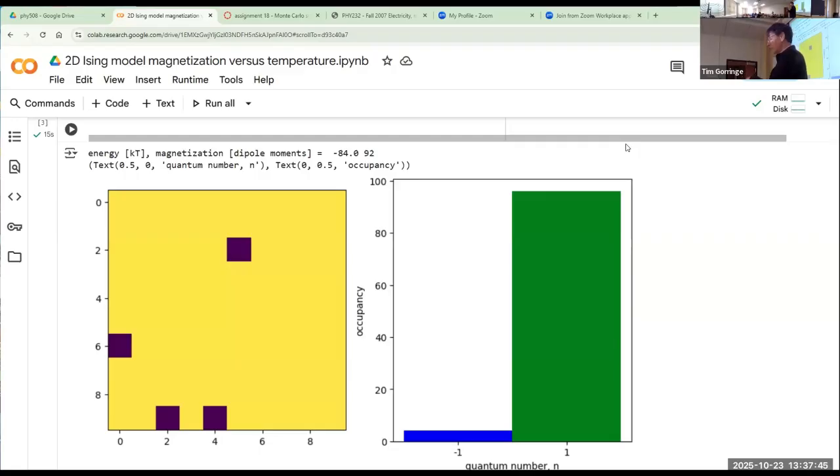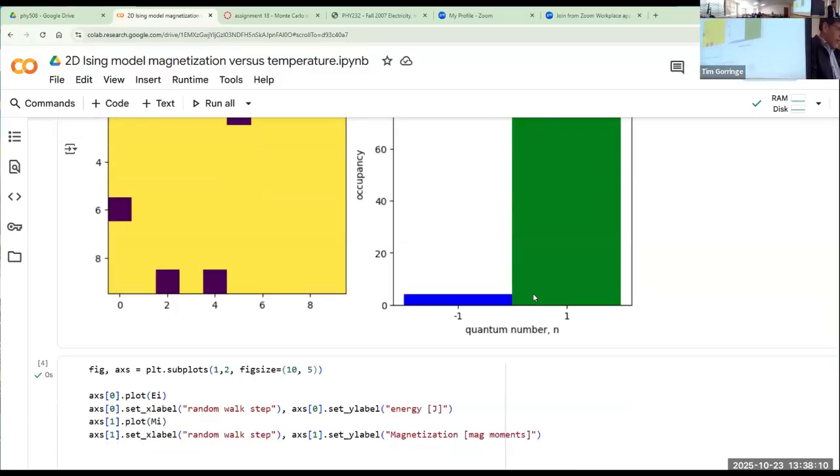But it's substantial compared to kT, and so the atoms tended to line up with one another. And that's what we see here. And quantitatively, we've got 96 spin-ups and 4 spin-downs. So that's the effect of the magnetic interaction with the neighbors. That's one plot I wanted to show you.